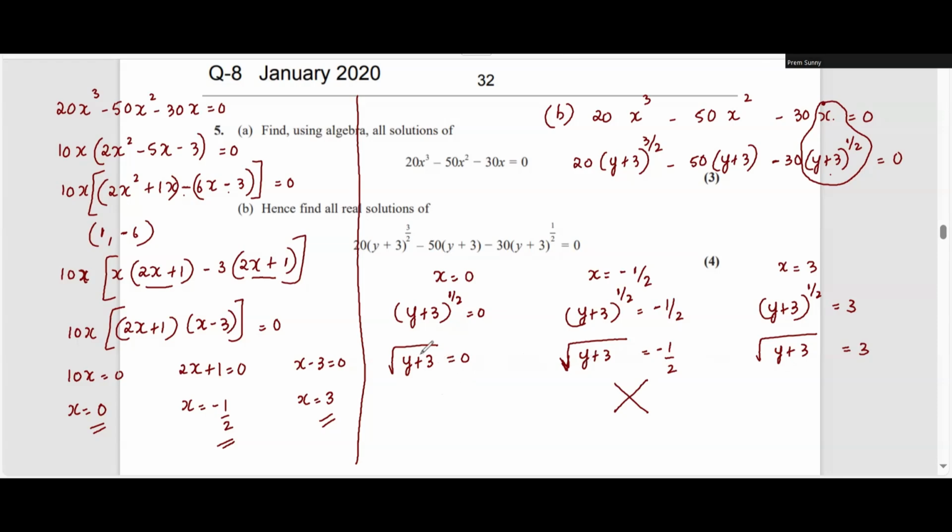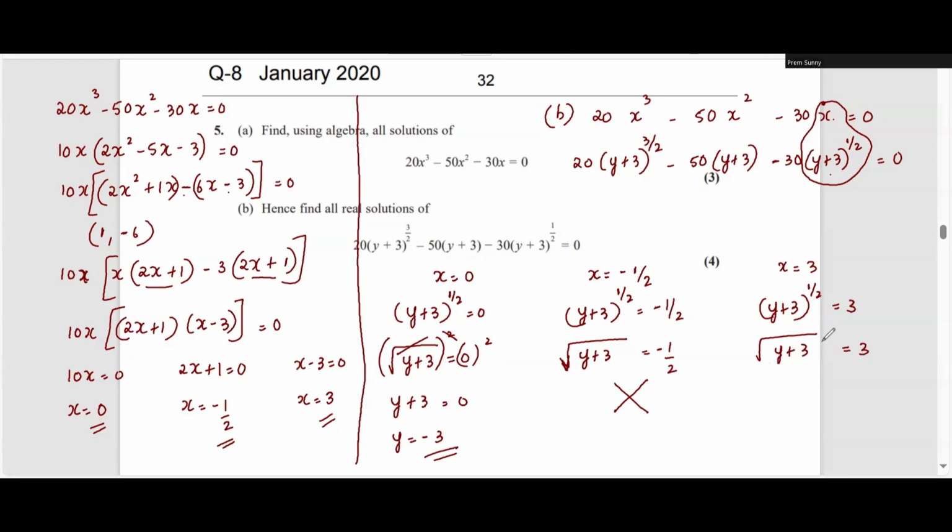To remove the square root, we need to square both sides. Square root and square get cancelled. y plus 3 equals 0, the whole square is just 0 only. So y equals minus 3 will be one of the answers. Again, the same thing here.